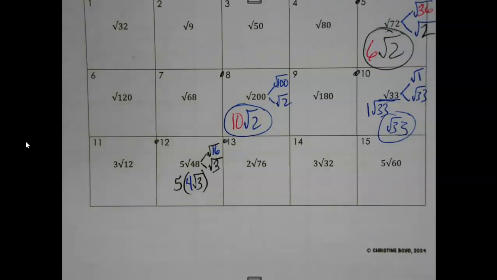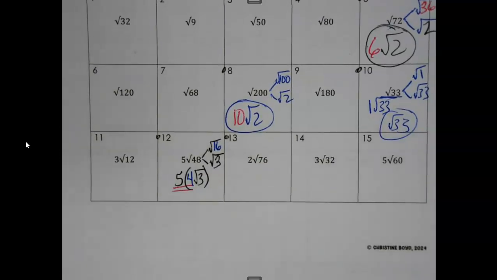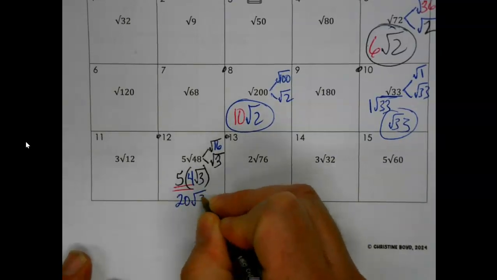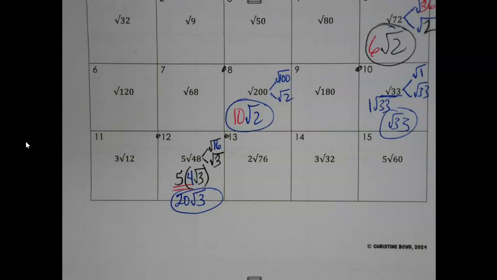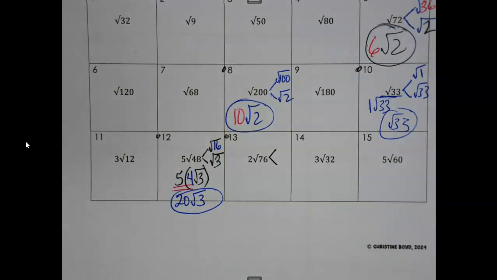And so now 5 and 4 can be reunited. They're both out of radical jail. So we just multiply them together, but we leave the radical alone. So anytime there's something working on the outside of your radical, that needs to be what we deal with first.